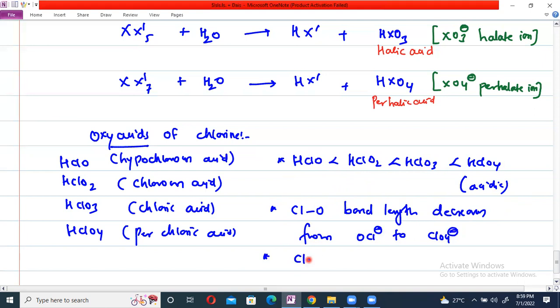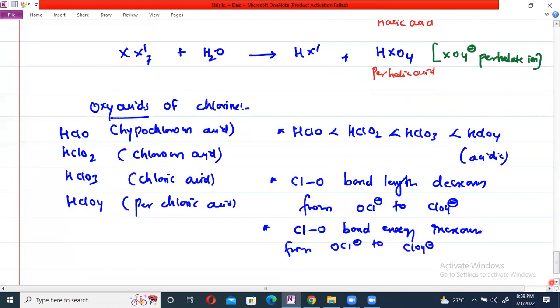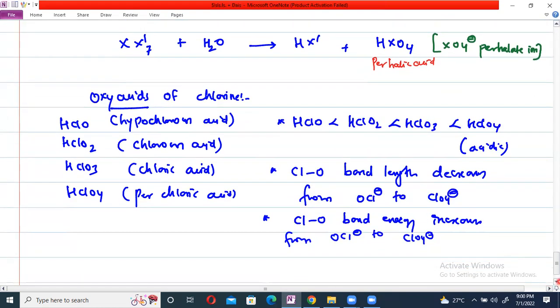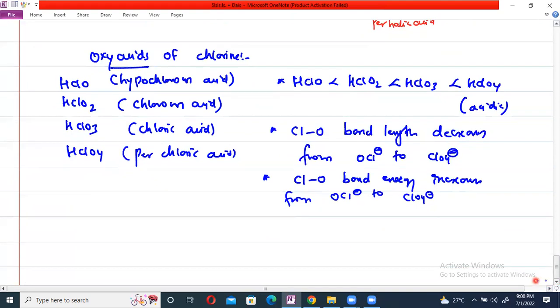And one more point, beta: the chlorine-oxygen bond length decreases, that means its bond energy increases from OCl negative to ClO4 negative. See, as the bond length decreases, obviously its bond energy increases, right?